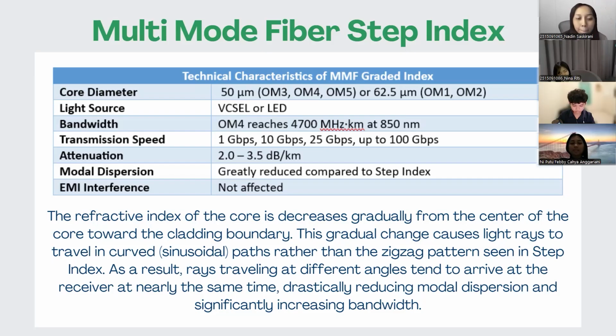This is made possible because the refractive index decreases gradually from the center of the core toward the cladding boundary, causing light rays to travel in a curved sinusoidal pattern rather than the zigzag pattern of step index, which results in drastically reduced modal dispersion and significantly increased bandwidth.